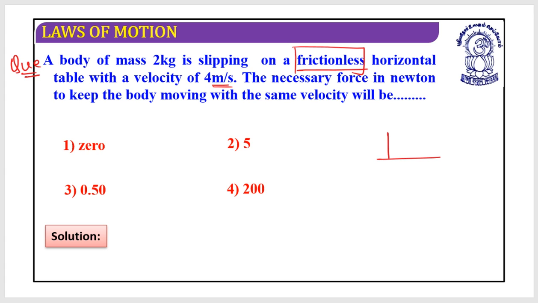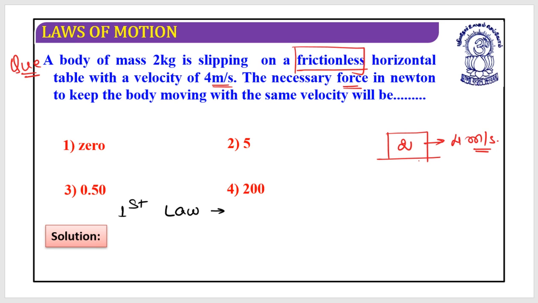So the situation could be something like this, that a body of mass 2 kg is moving, slipping on a table with a speed of 4 meter per second. You want to find out the force so that this block can continue moving in its own motion. So if you remember Newton's first law, what was it?